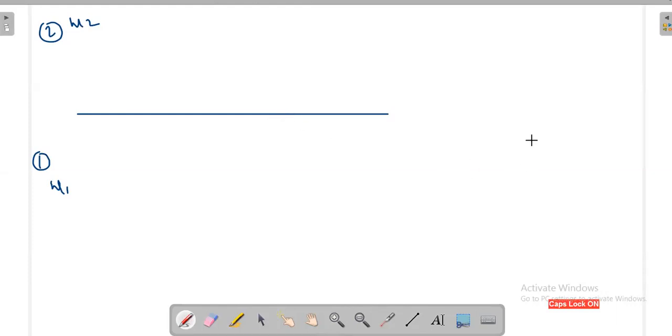Suppose the current is flowing away from you. Current may flow away from you, or current may flow towards you. So what is the notation that we are using?